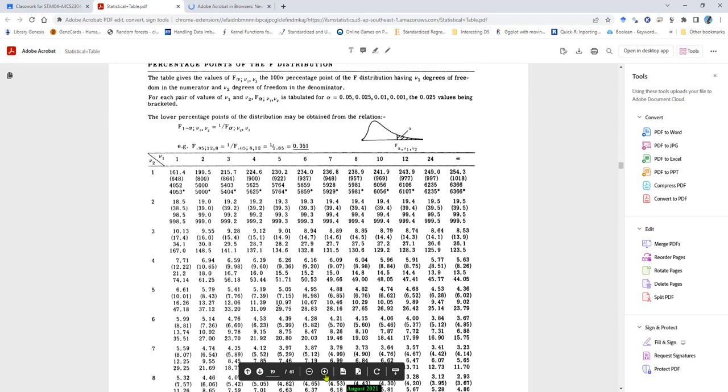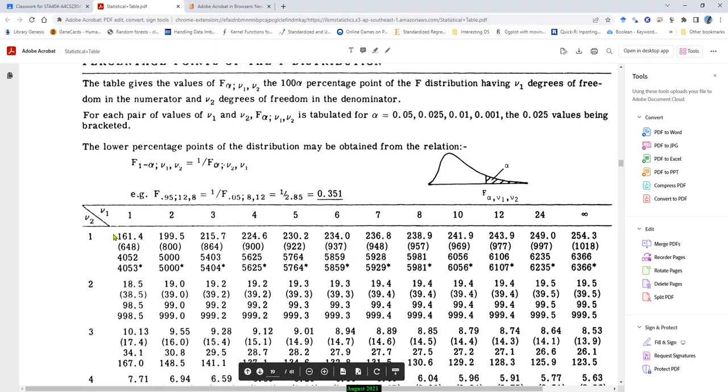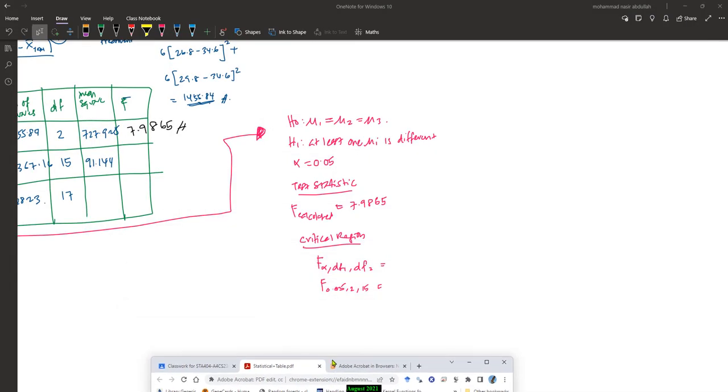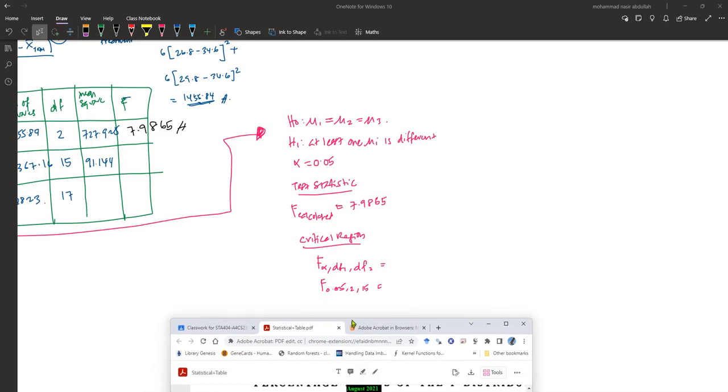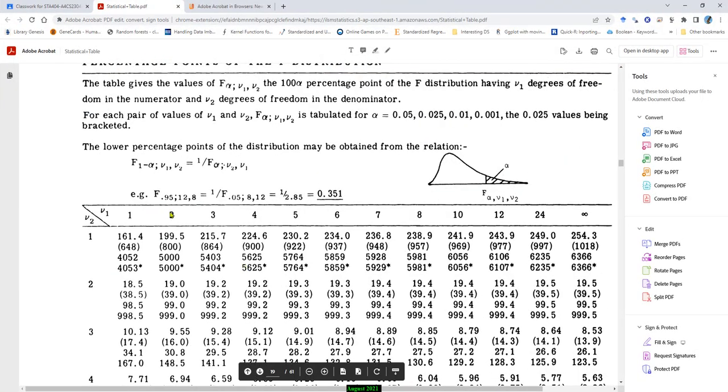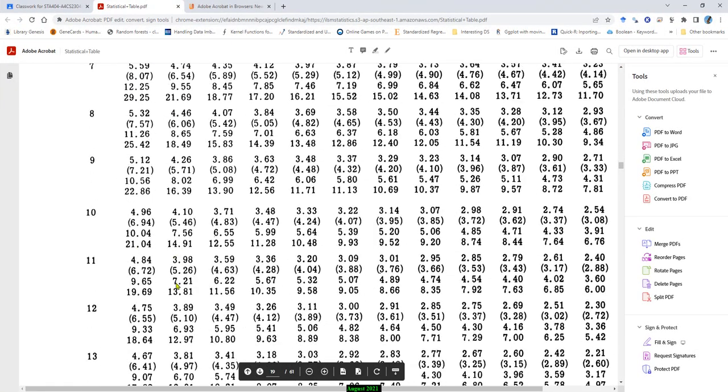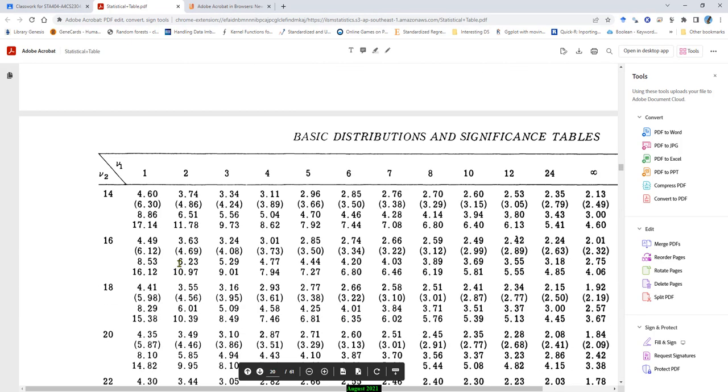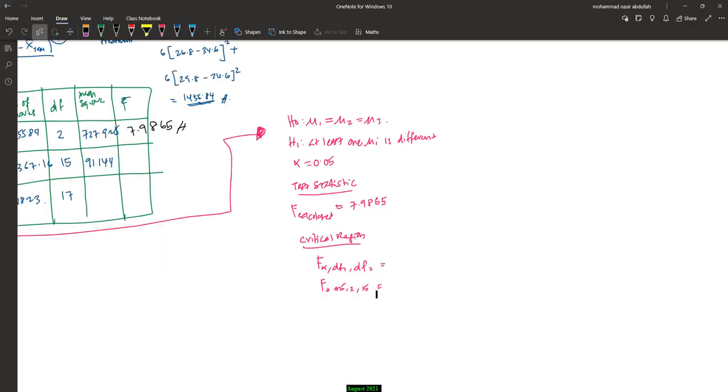So we are looking into 0.05 for the first row. The first degree of freedom is 2, the second one is 15. So 2 and 15 we look here, 15 is not available, but we have 14 and 16, right? So our second degree of freedom is 15.